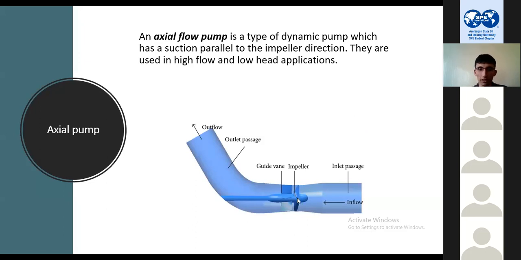It's something like a simple fan, but it can increase pressure a bit in order to maintain circulation. So in our reactors, we have these axial pumps to maintain the circulation of the polymer and hydrocarbon, which we call slurry, inside the reactors, in order to have enough residence time.